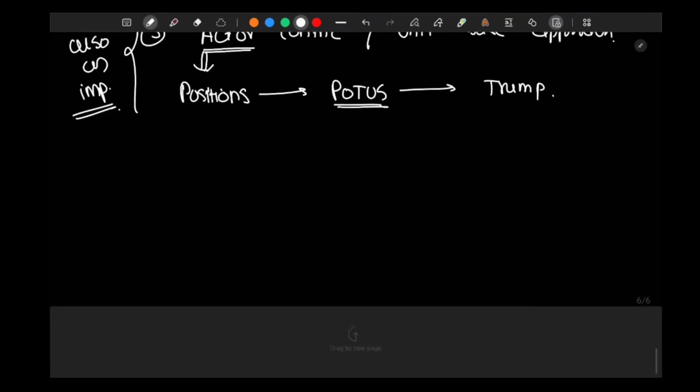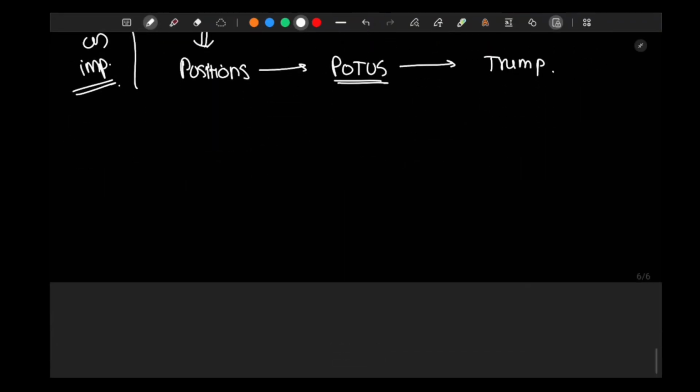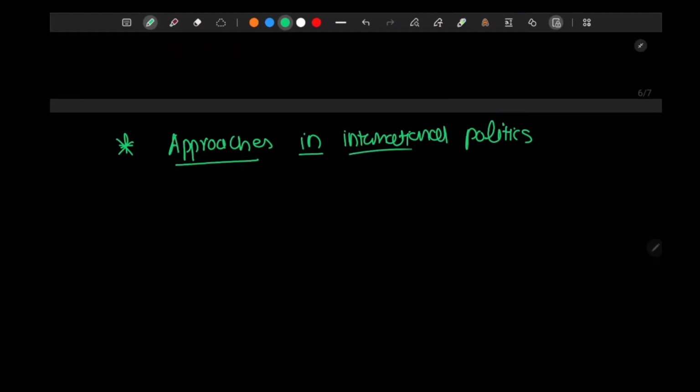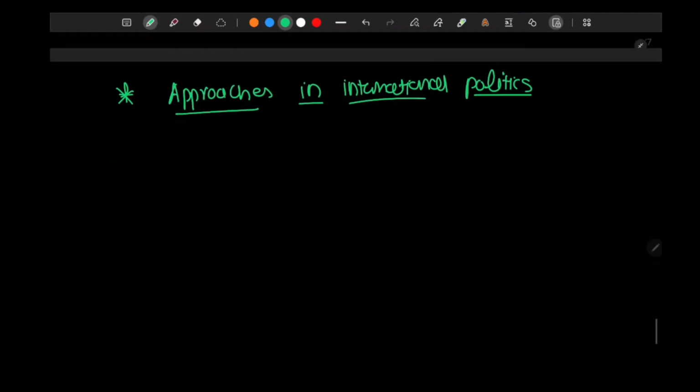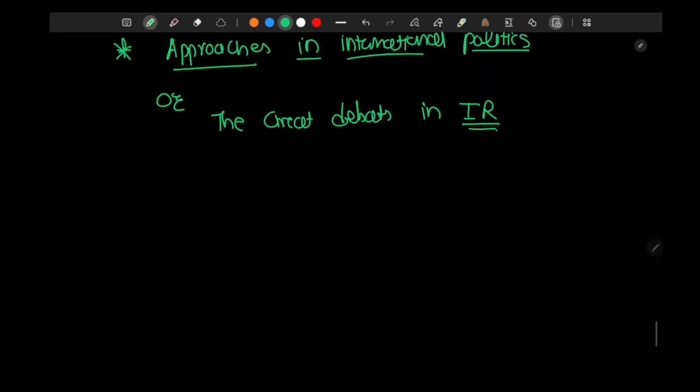Between the three images, there are approaches in international politics. What are the different approaches in international politics? Or the great debates in the discipline of IR, right?